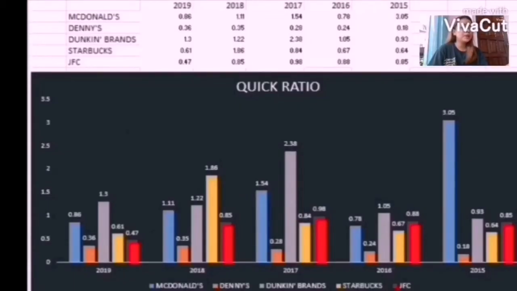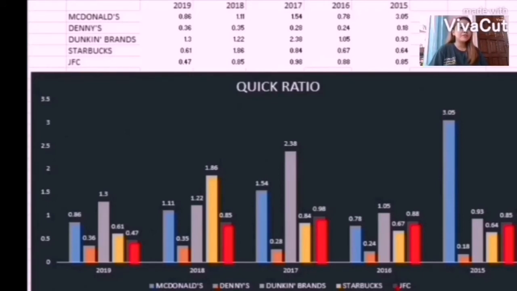So what we have here is the top competitors of JFC, we have McDonald's, Denny's, Dunkin' Brands, and Starbucks. So what you can see here is the quick ratios of each competitors, McDonald's, Denny's, Dunkin' Brands, Starbucks, and also from JFC from 2015 to 2019.